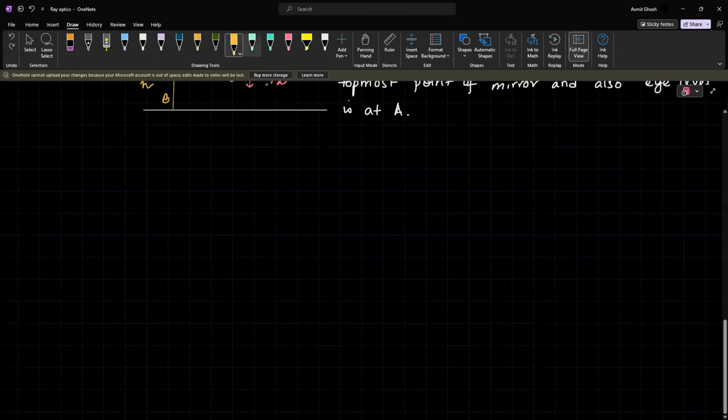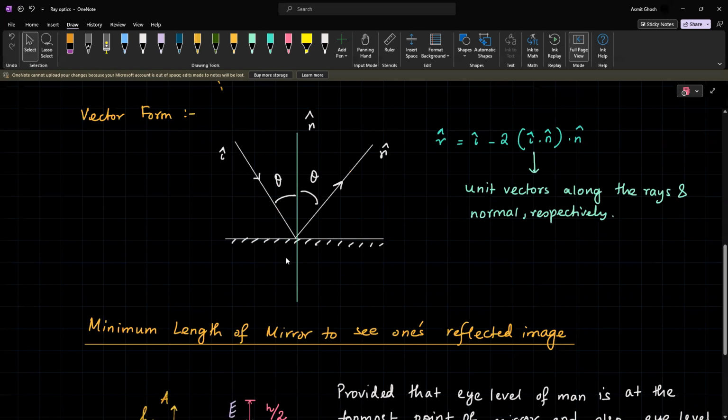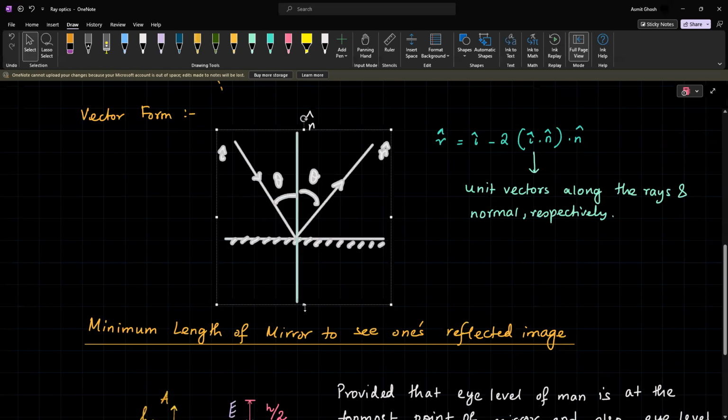The next important thing is angle of deviation. For angle of deviation, how can we just say it? Let me tell you. Let us take up this figure itself.